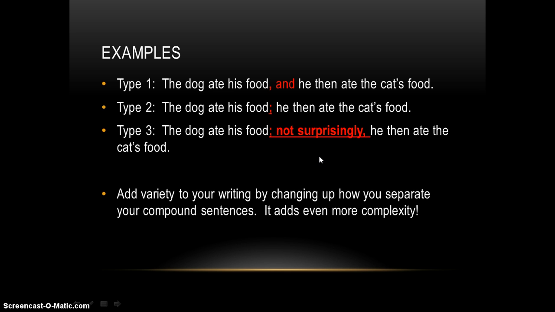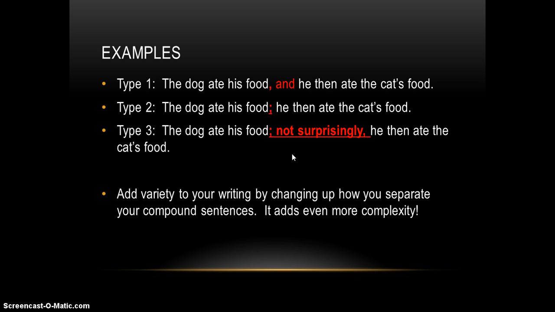Since you've got three different ways to do this, this allows you even more variety in your writing. You can have simple sentences, and even within your simple sentences, you can have compound subjects and verbs like we just talked about. So even if it's a simple sentence, you can make it quite long. But if you want a really short and sweet simple sentence, that adds emphasis.